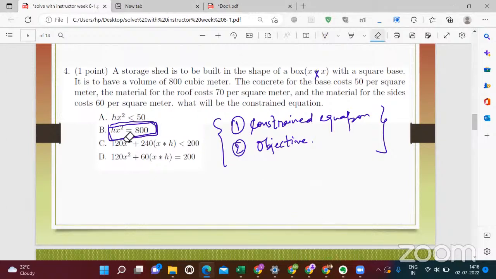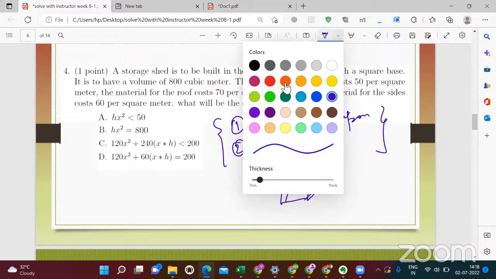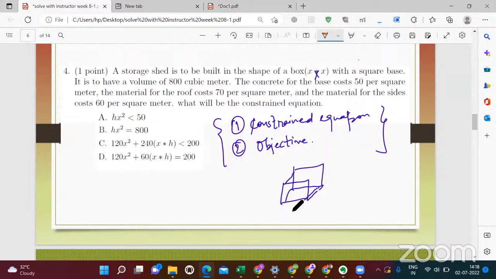So the volume you can directly calculate, right? This is the shape of that room. This is the base with side x, and you can assume the height to be h.